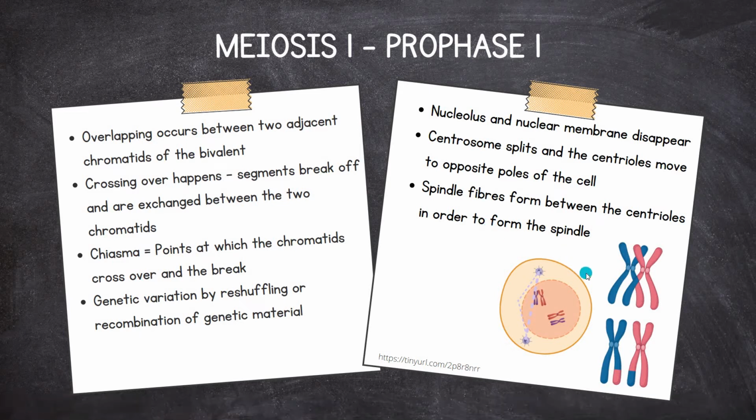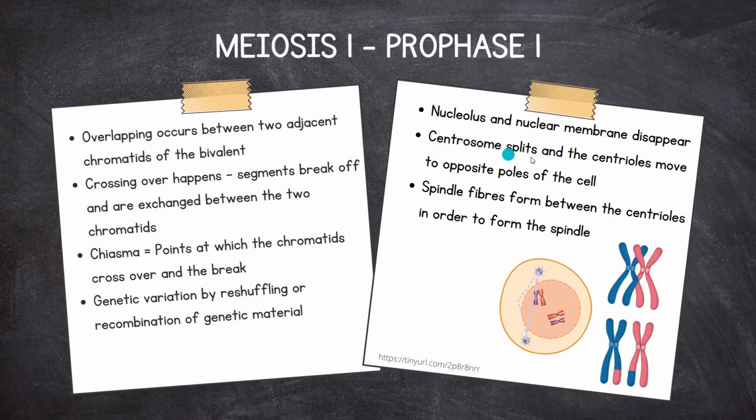This brings in genetic variation due to the reshuffling or recombination of the genetic material in these chromosomes. So now there's variation. That chromosome is not like it was originally. There are some changes. Then your nucleolus and nuclear membrane will disappear, as you can see here.